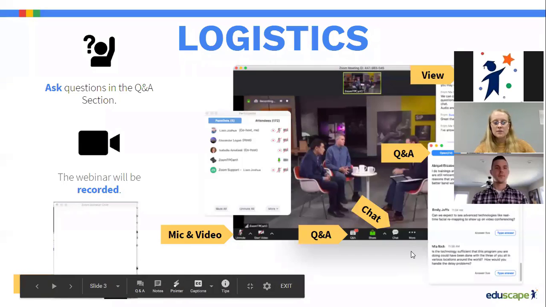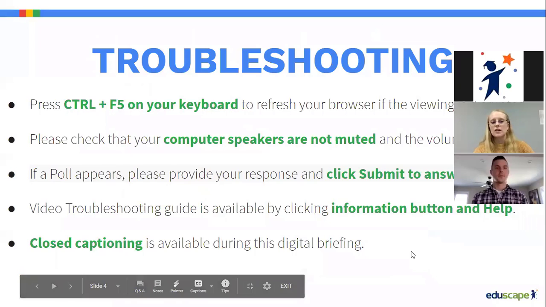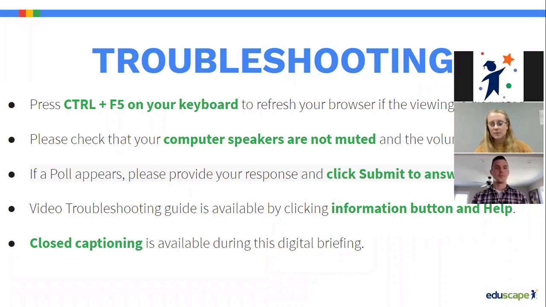As we continue today, we want to get into the troubleshooting. If you have any issues at all as we're presenting, we want to supply you with some quick troubleshooting features. So first, if your screen or video is disrupted in any way, if you press Control plus F5 on your keyboard, it will refresh the browser for you. Also, please check that your speakers are not muted and that your volume is turned up so you can hear us.